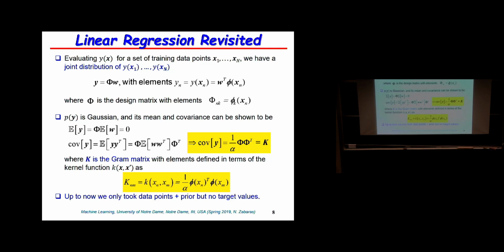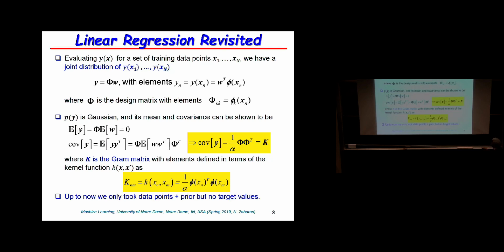I can write all of these values of y as a vector, bold y, being the design matrix phi, or X the way we had seen it in some lectures. I'm using here design matrix phi because I don't operate on x, I operate with this feature space phi. So, design matrix phi times w.